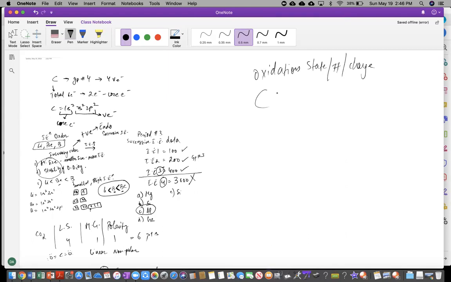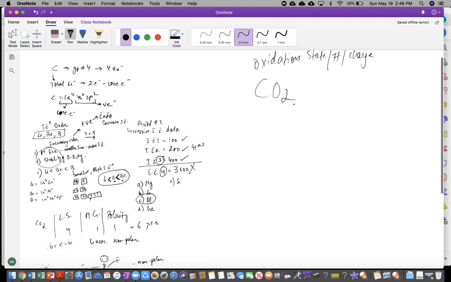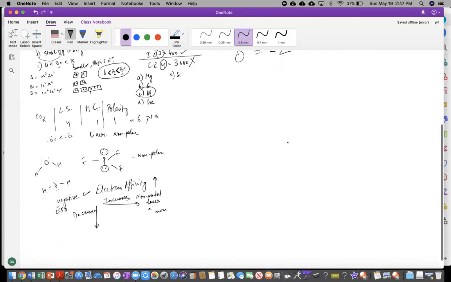Let's start with an easy example, CO2, and find the oxidation state of C and O. I'll divide this molecule into 2 halves, starting from the right-hand side. Oxygen is what charge based on the periodic table? -2, and we have 2 of them, so -4. So this side is +4. So my carbon is +4 and oxygen is -2. That's the oxidation number.